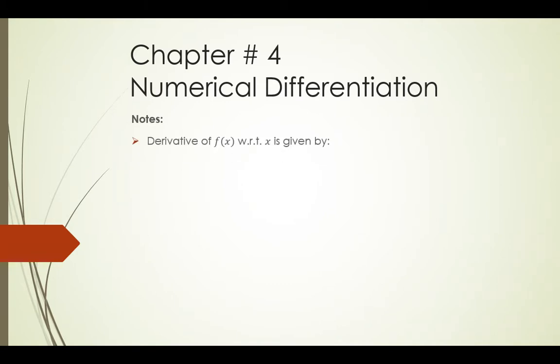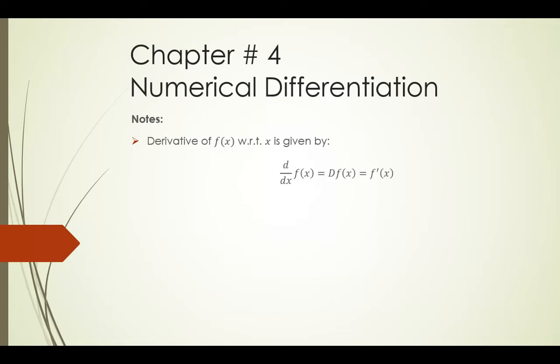The first one is the derivative of a function f of x with respect to x. The derivative of function f of x with respect to x is denoted by d dx of f of x, or you can say d by dx of f of x.